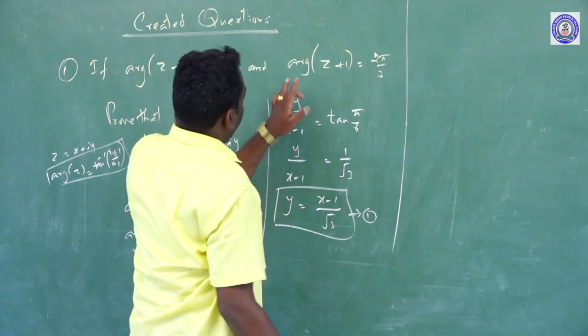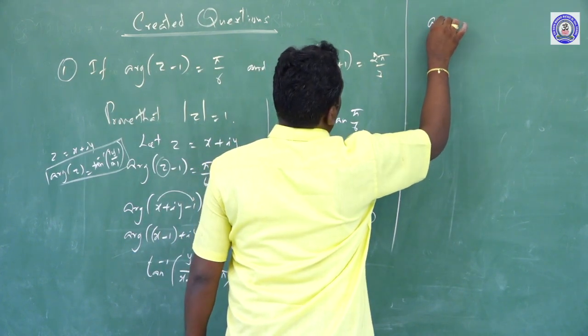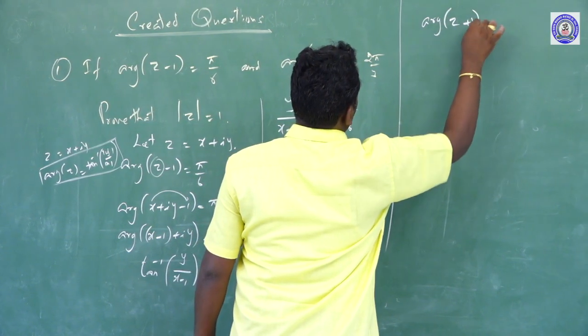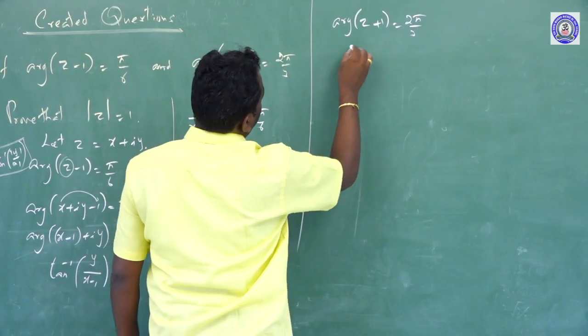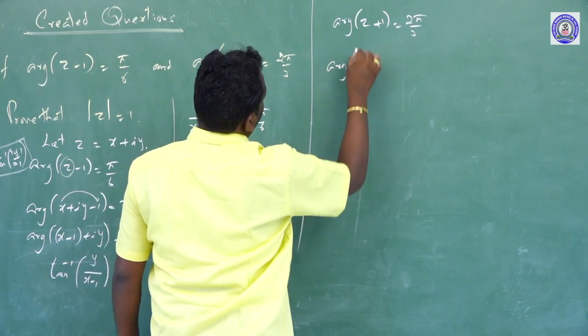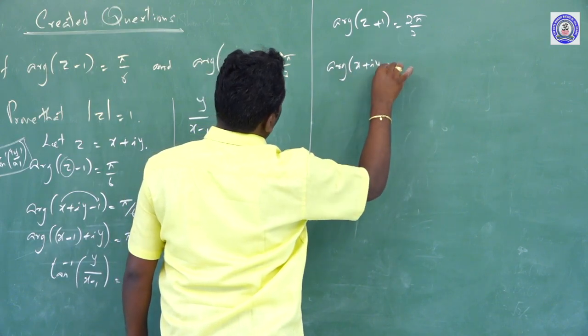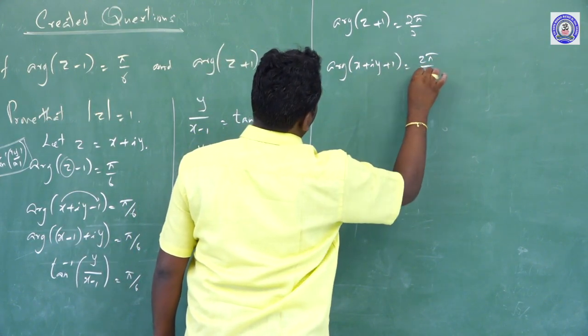Now let us consider the second term. It is given that the argument of z plus 1 is equal to 2 pi by 3.